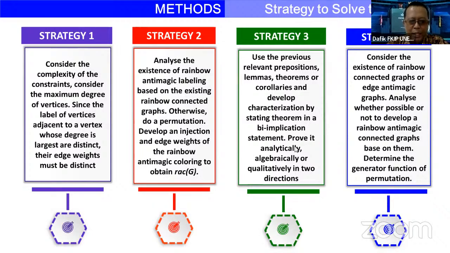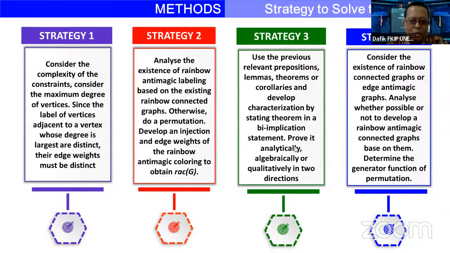The sharpest lower bound is the maximum of the rainbow connection number and the largest degree of a graph. That is the sharpest lower bound.